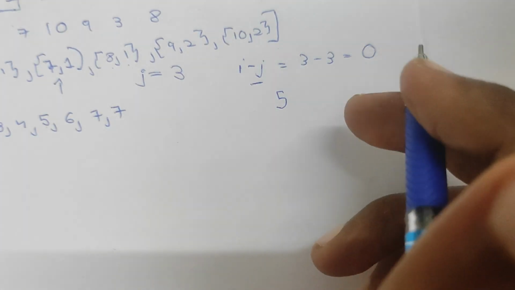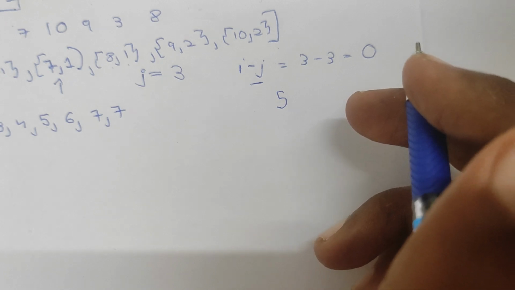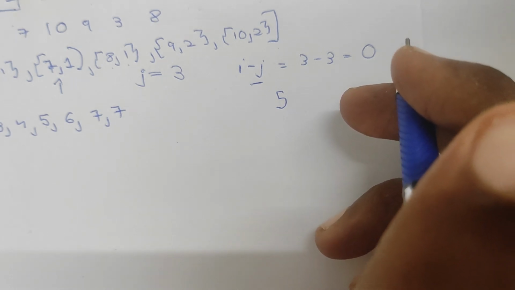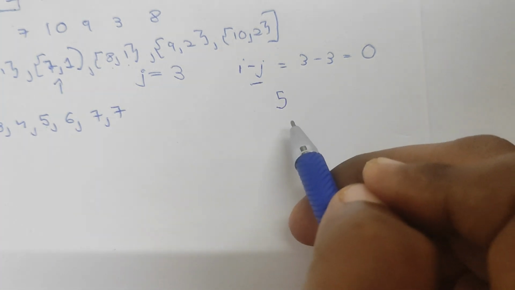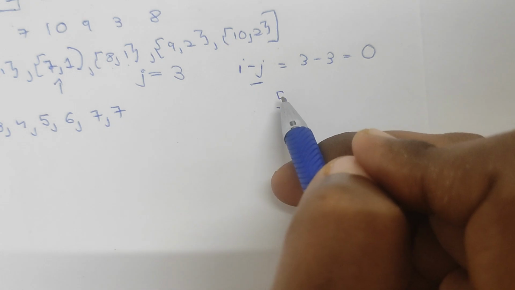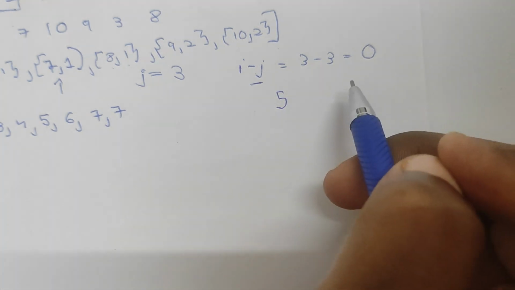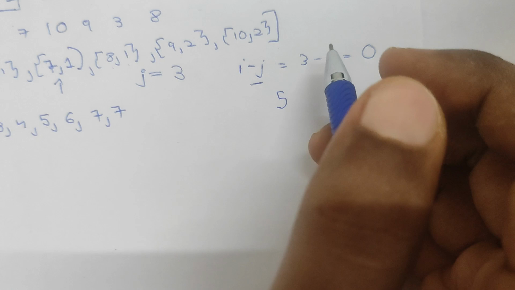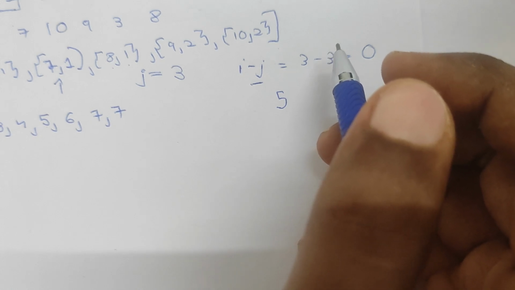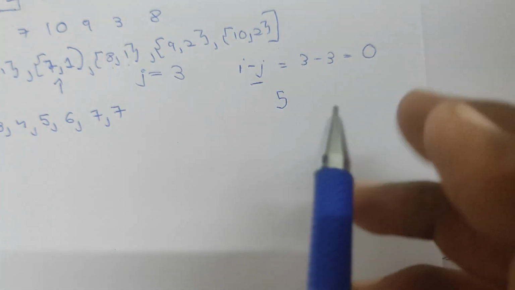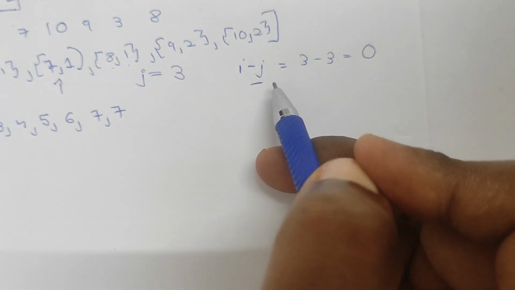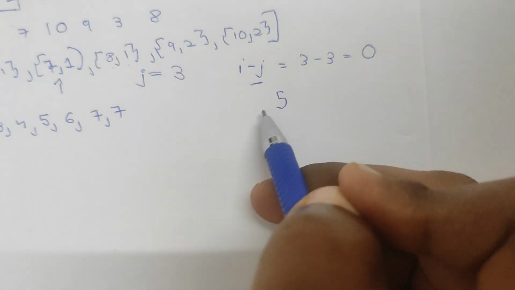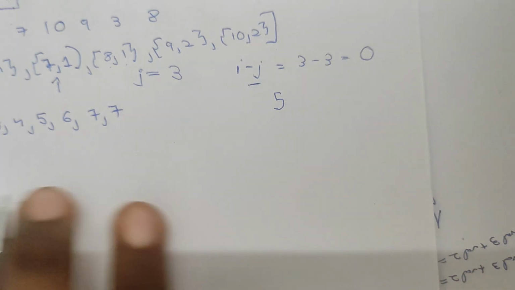That's the part you have to think about. We don't need to increment j beyond 5. Till 5 is enough, actually till 4 is enough. I will tell you why it doesn't matter if j goes beyond 5 or 4.